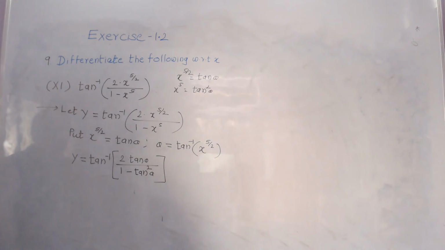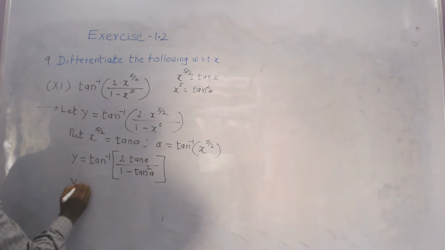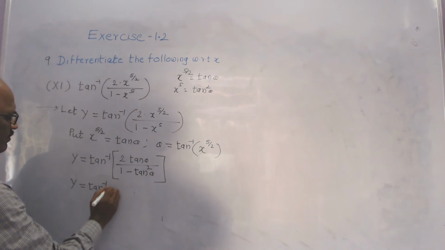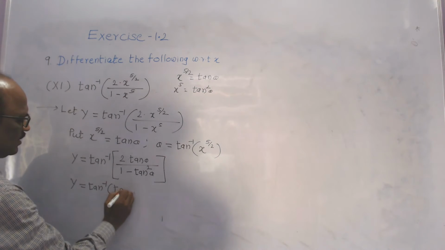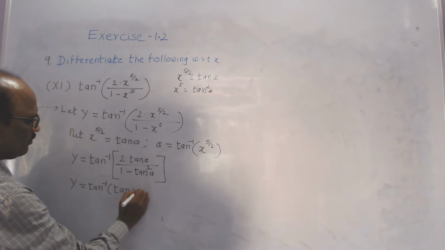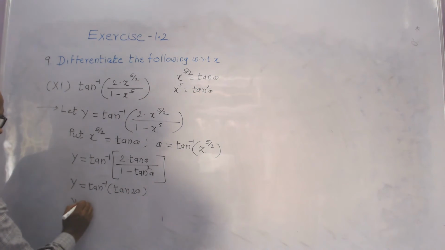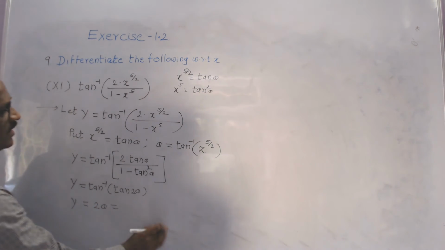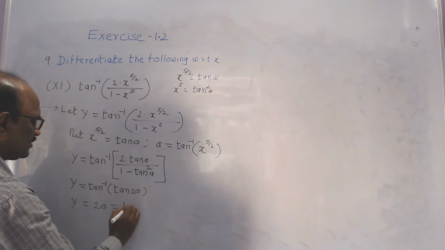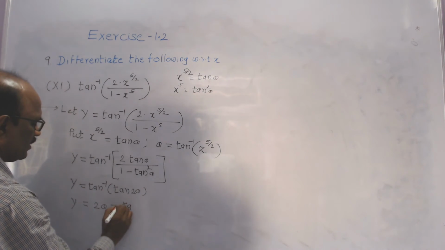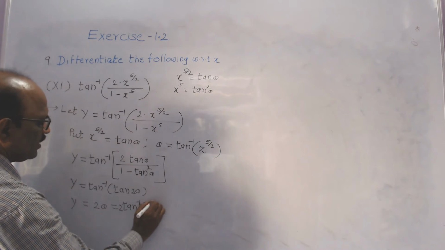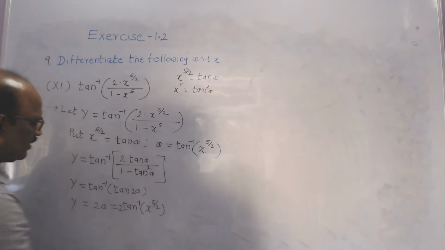That is tan inverse of 2 tan theta upon 1 minus tan square theta, and here you will have tan inverse of, in bracket, tan of 2 times theta, and here you will have 2 theta. But what is the theta here? Theta is, that is 2 tan inverse of x raised to 5 by 2.